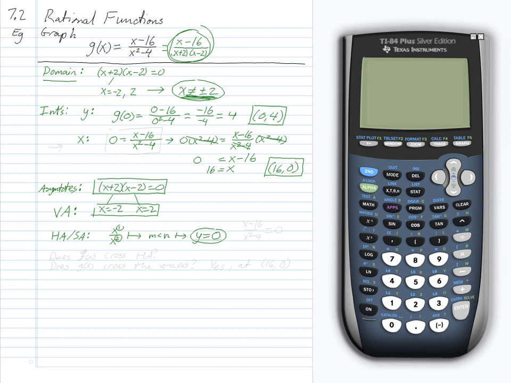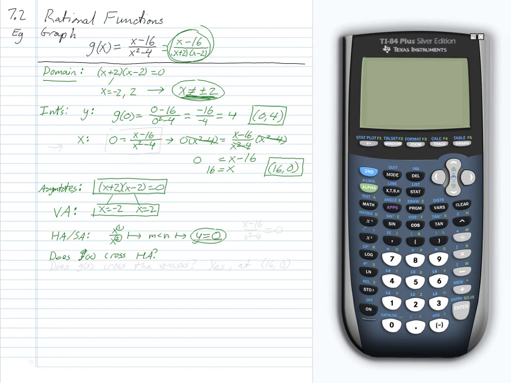So once I find my horizontal asymptote, I'd like to know, does my function cross? Sorry, we're calling this g of x. Does it cross the horizontal asymptote? Now, we have actually already answered this question. Remember, the horizontal asymptote here is the x-axis.